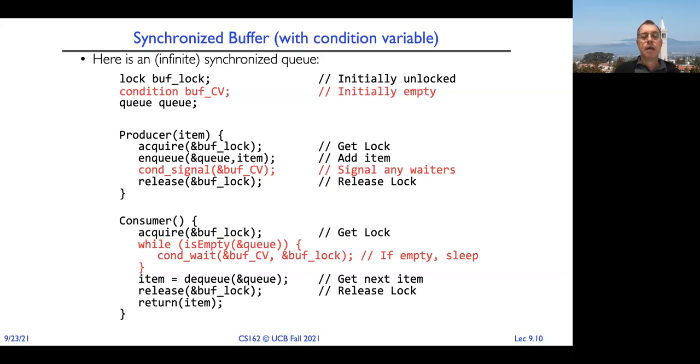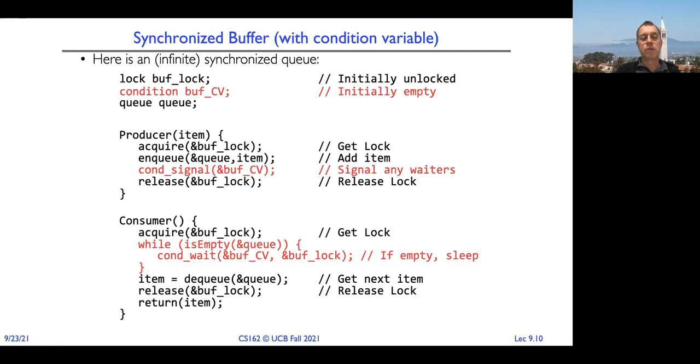Okay. And now you can use condition variables like buff CV in order to signal. That's basically what it says. The buff CV is a way for the producer to signal the consumer that there are elements in the buffer, in the queue, right?